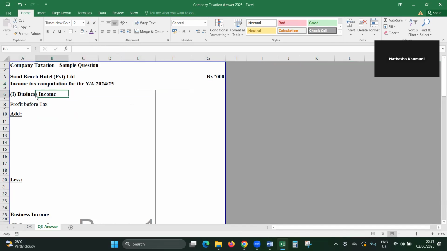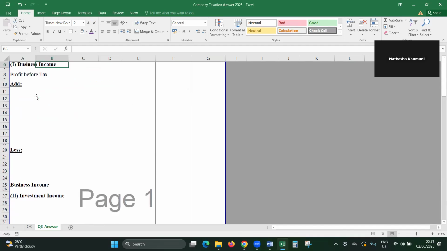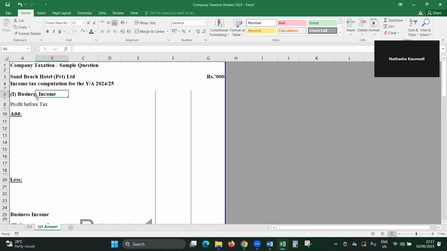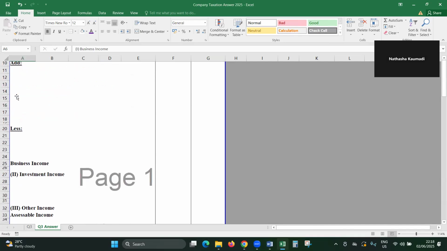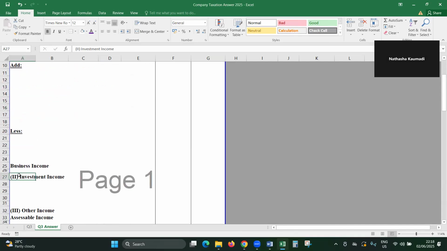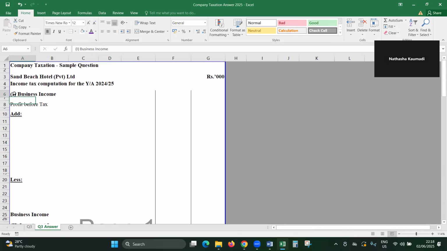Now, when we do an individual income taxation, what are the income sources available? Starting with employment income, business income, other income, and investment income. But when it comes to a company, there is no employment income. You can have a maximum of 3 income sources: business income, investment income, and other income. So I have written number 1, business income.